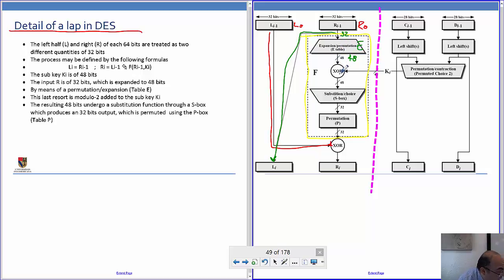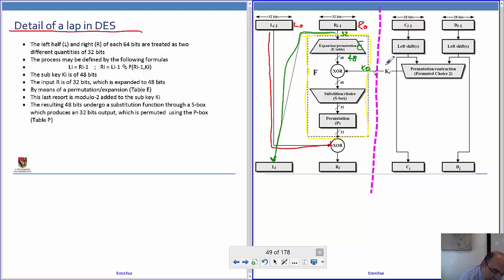This output, we add it modulus 2 with an XOR function with the first subkey. The first subkey, this will be K0. What size does the first subkey need to have so we can add it together with the output of the E function? It needs to be the same size.